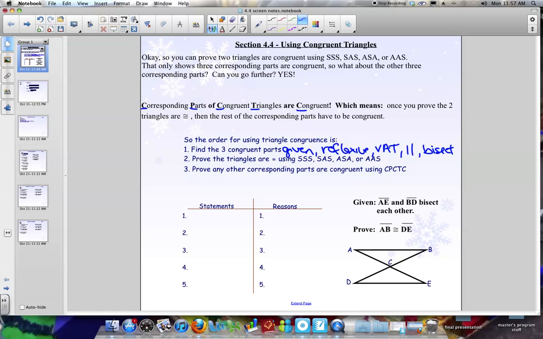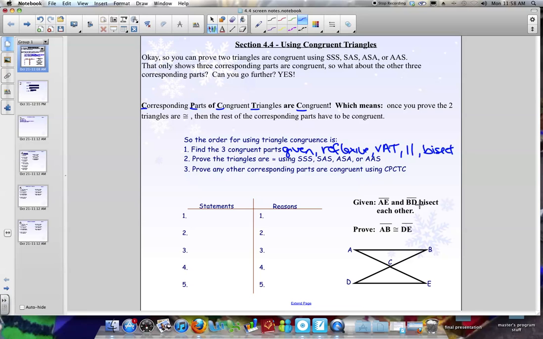After you show your 3 congruent parts, then you say that your triangles are congruent using one of your 4 postulates or theorems. After you use one of those 4, then you can use the theorem CPCTC to show that your other parts are congruent.